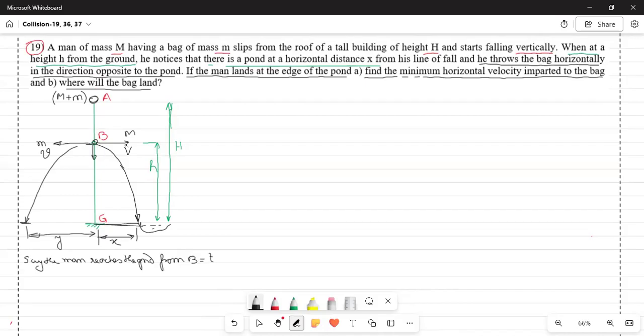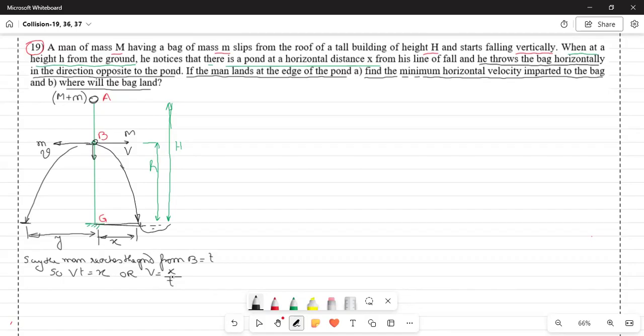His horizontal velocity was capital V, so capital V into small t is equal to x. There is no doubt in that. Or you can write capital V is equal to x by time t.